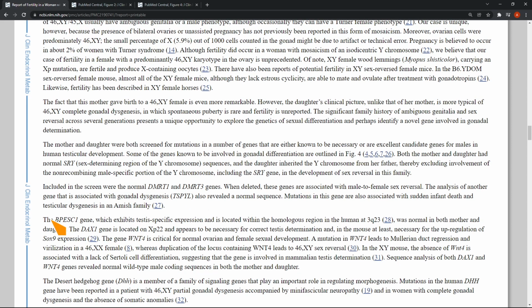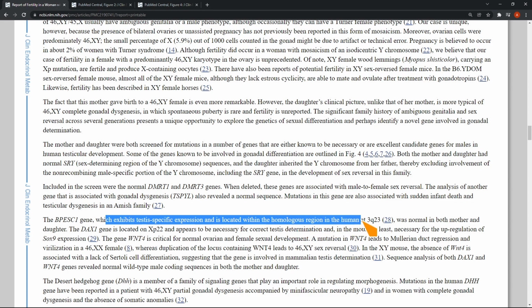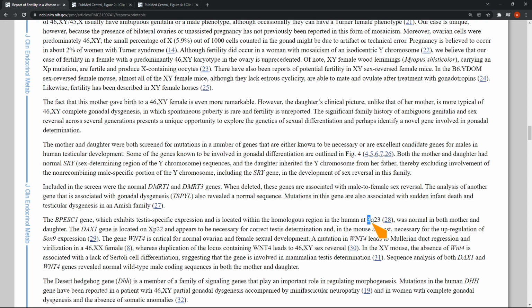So this gene, the BPESC1 gene, which exhibits testes-specific expression and is located within the homologous region in the human at 3q23. So this is chromosome 3 on the Q arm at the locus 23. Was normal in both mother and daughter.